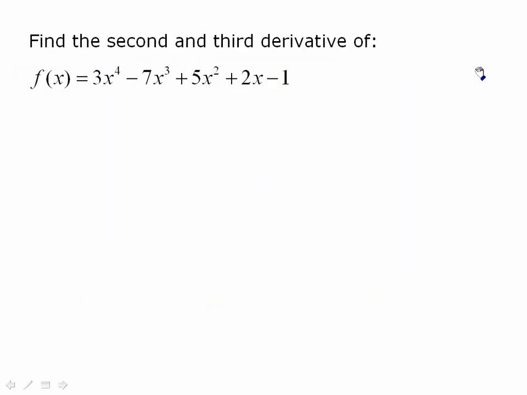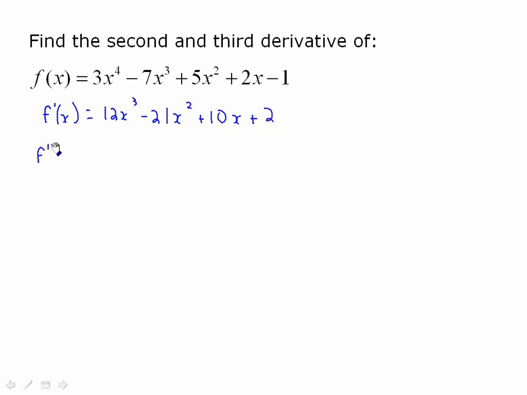More of that later on, but first off, let's just do some fairly straightforward derivative questions. Here we want to get the second and the third derivative. And if it's a polynomial function, not a big deal. And of course, you have to get the first derivative to begin this whole thing. So the first derivative would be 12x cubed minus 21x squared plus 10x plus 2.